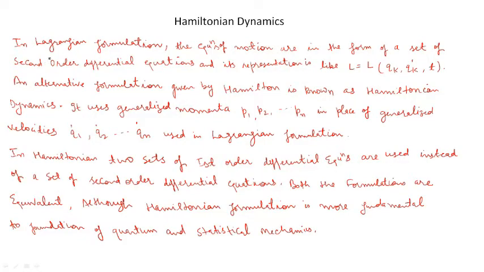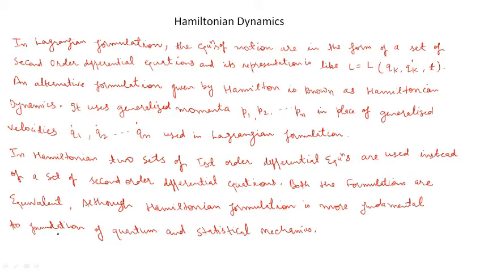Hello everyone, today we will learn about Hamiltonian dynamics. In Lagrangian dynamics, you have seen that your Lagrangian was a function of the generalized coordinate, generalized velocity and time. And when we solve the Lagrangian equation, then we obtain second order differential equations.